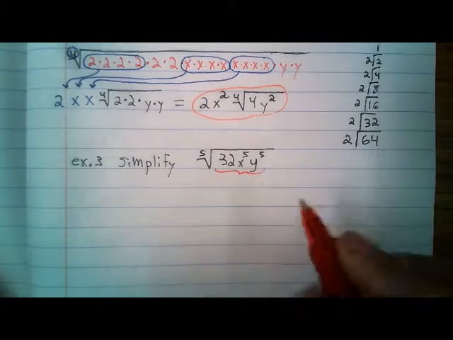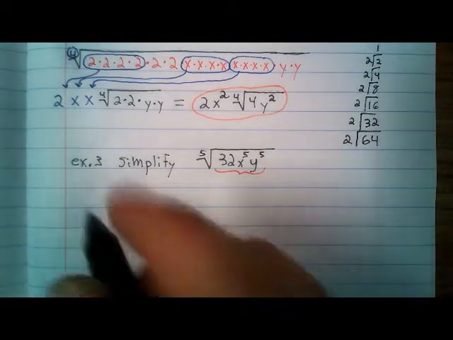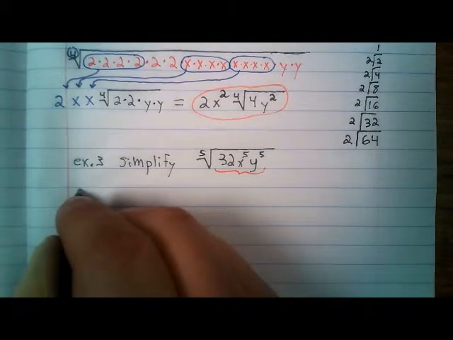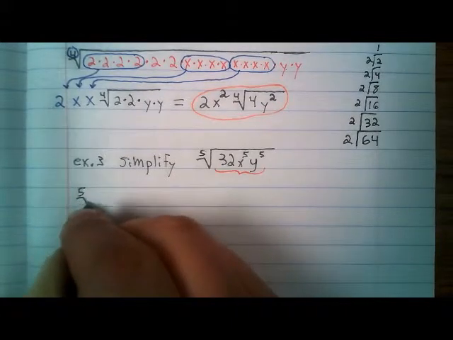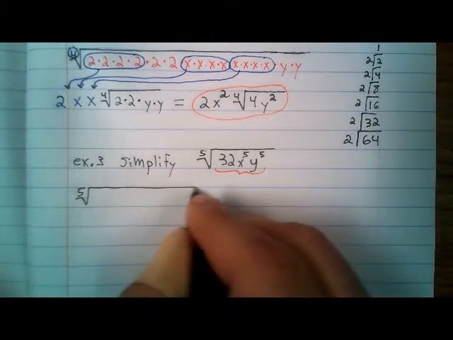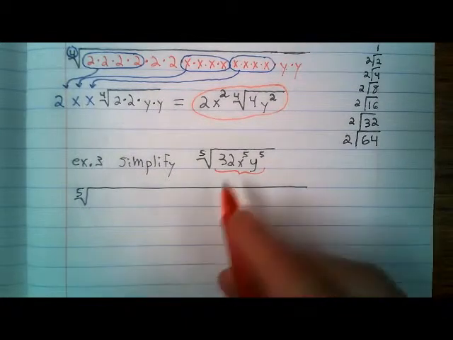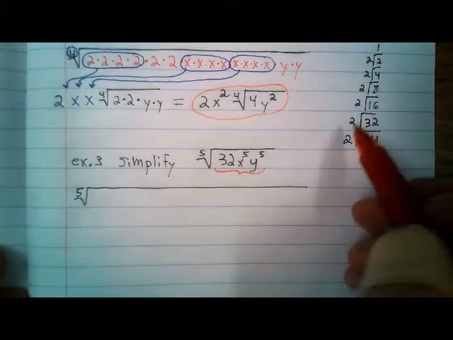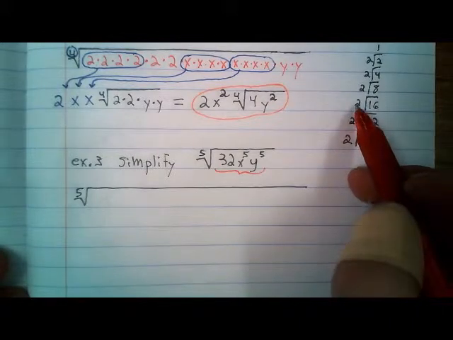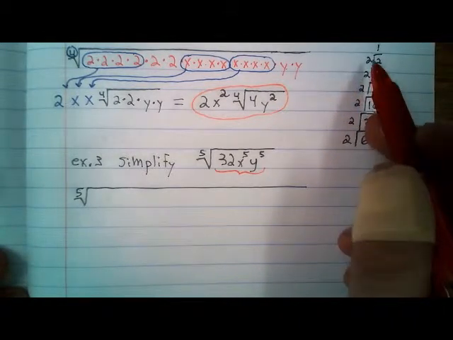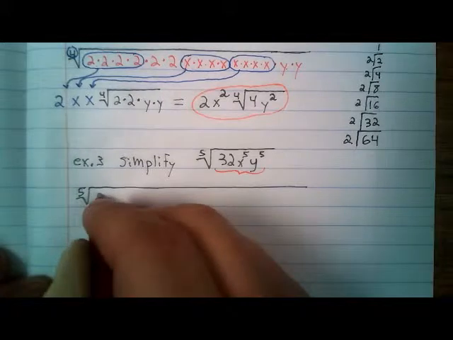Why do more work? So as I write the prime factorization out, I have the fifth root of, let's see if I can estimate correctly how long that's going to be. 32 is, we did it right here, 2 times 2 times 2 times 2 times 2. So that's 5 of them.